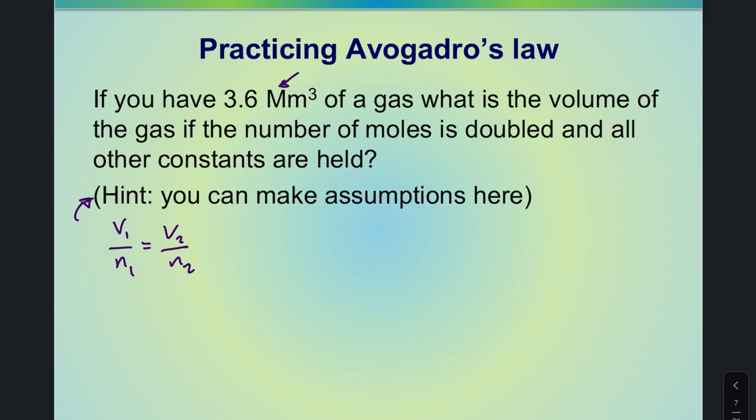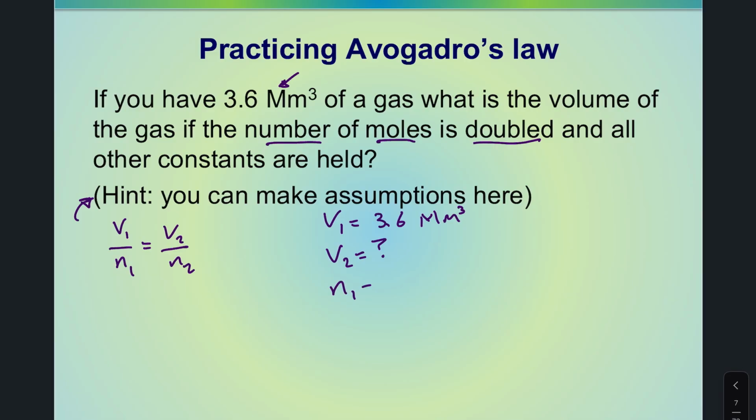All we know is that the number of moles is doubled. So it doesn't really matter what that number of moles is. Let's go ahead and define our variables. V1, we have 3.6 megameters cubed. V2, we don't know. We're trying to find what the volume is going to be.